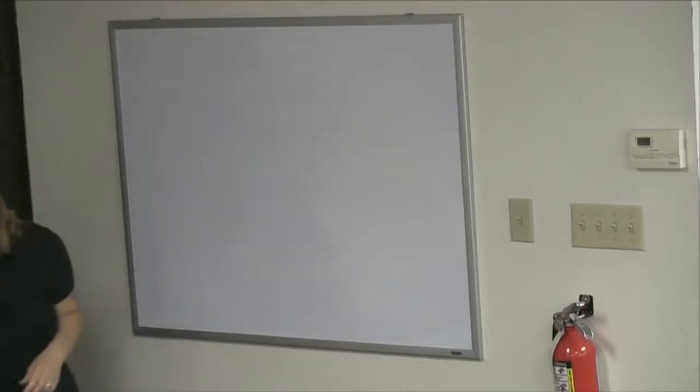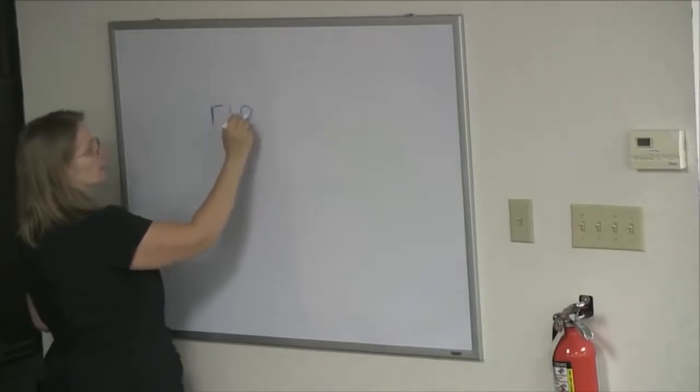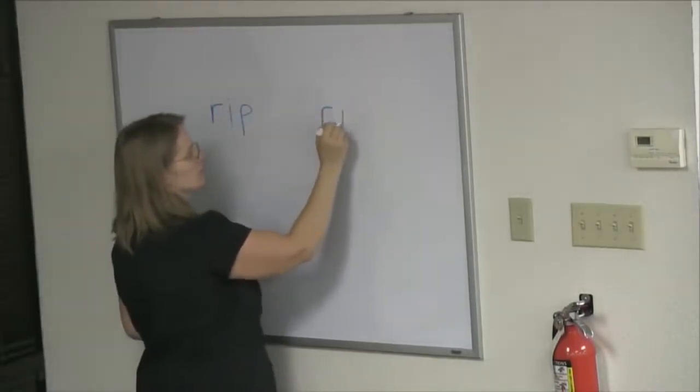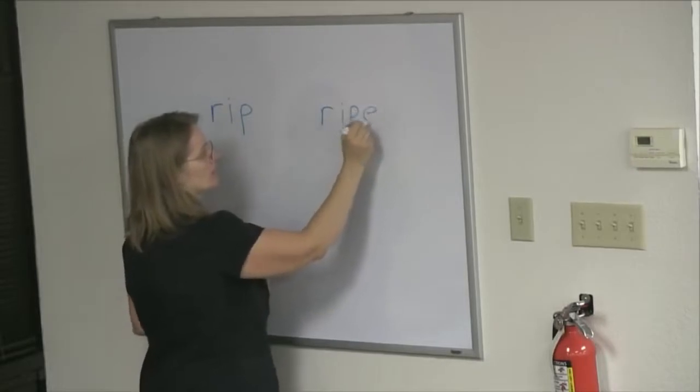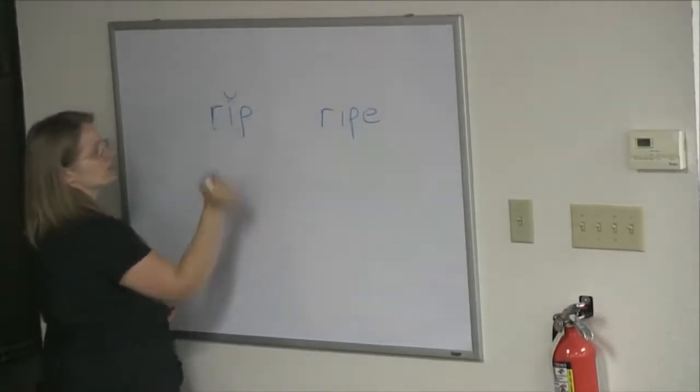So, for instance, let's look at a word like rip versus ripe. This one has one vowel. It's short, rip.